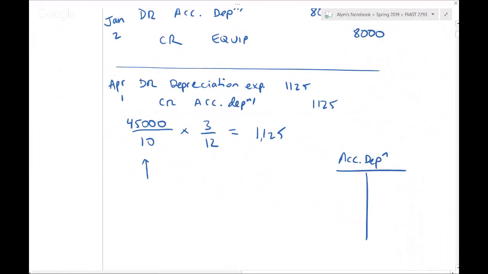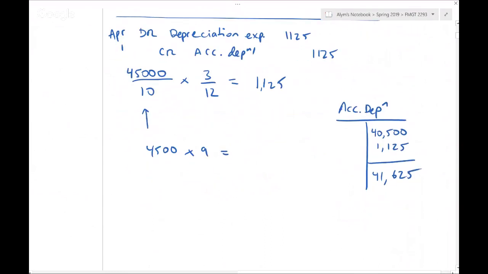Well, what was our depreciation expense per year? It's 4,500 per year times 9 years, which gives us 40,500. We just added 1,125. So that means in this account, we've got $41,625 in accumulated depreciation. And now let's take this off of our books.